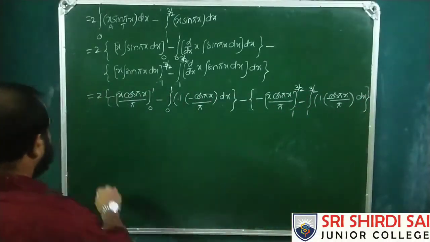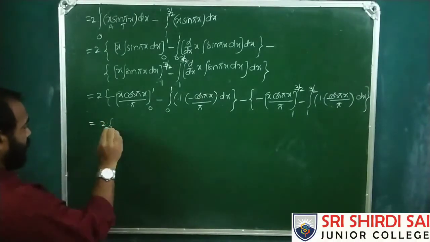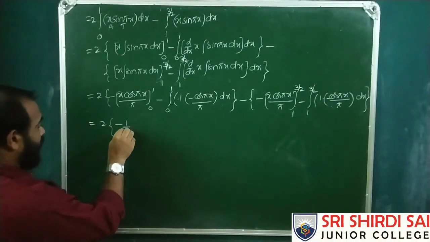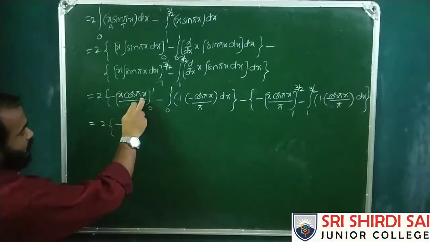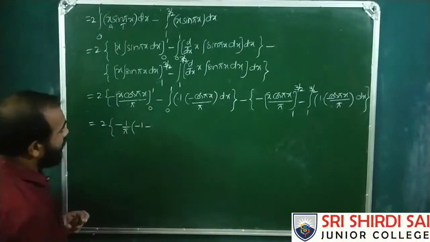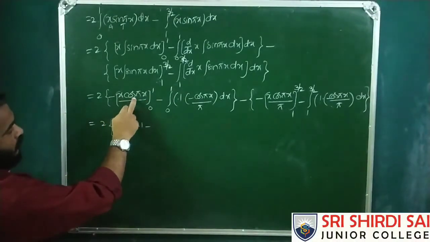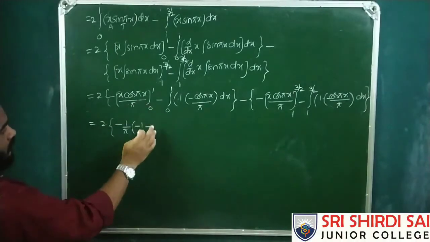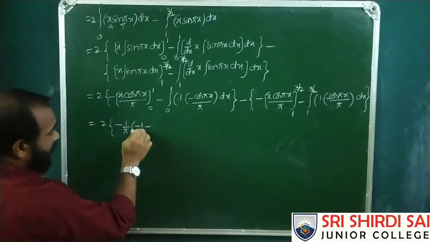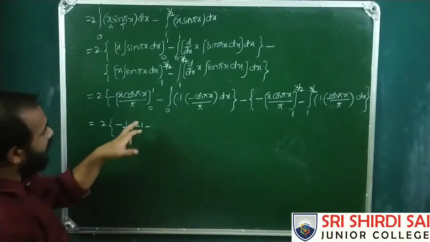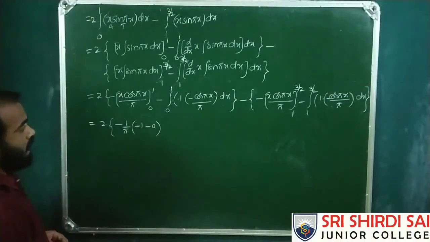So this is 2 into minus 1 by pi into cos pi into 1. Cos pi is minus 1, minus 1 into cos pi into 1, cos pi value is minus 1, minus lower limit 0 into something is 0, this is over.